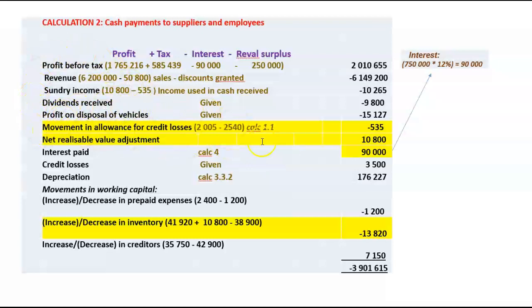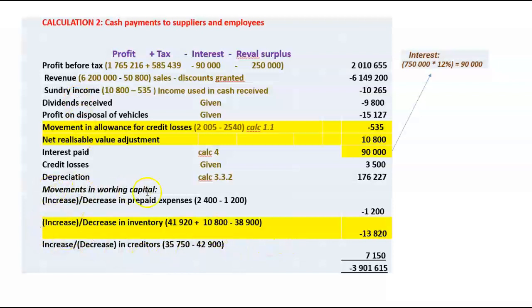Let's just have a look at our non-cash flow items. Remember that this movement in allowance for credit losses was an income, so therefore we have to take it out, minus 535, and don't forget the net realizable value adjustment on your inventory of 10,800, which you also have to add back. Yes, our credit losses and our depreciation we did calculate, and the interest paid and dividends received are then separately disclosable items.